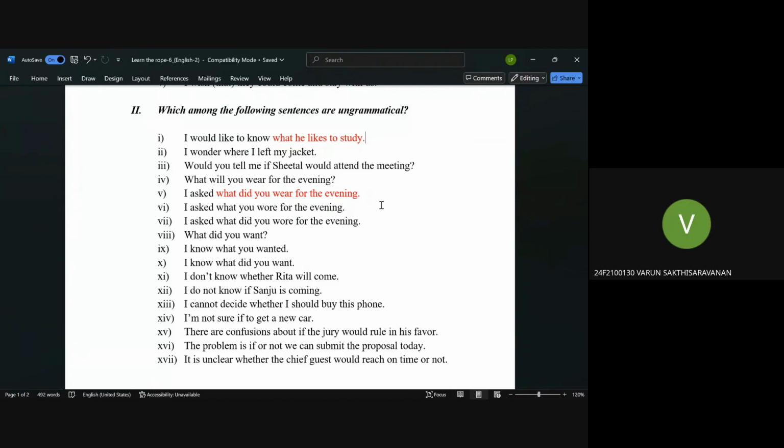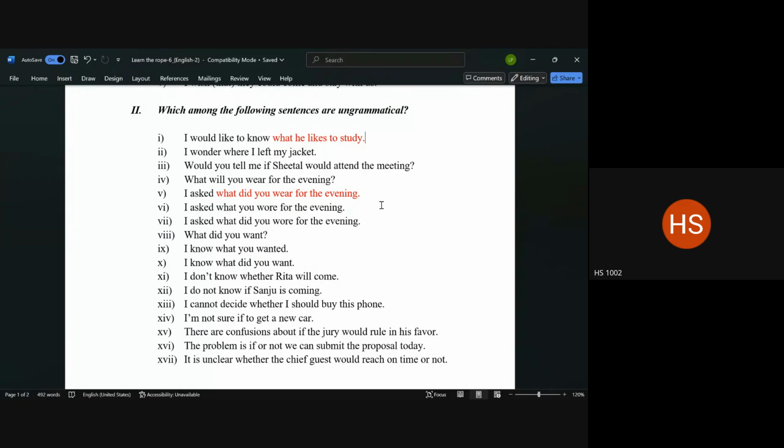It's a question, right? So that question cannot be a part of the sentence. Questions are independent. They have to be put forth independently. Question clauses usually will not be in the form of a question. It has to be in the form of a declarative sentence or a clause, right?